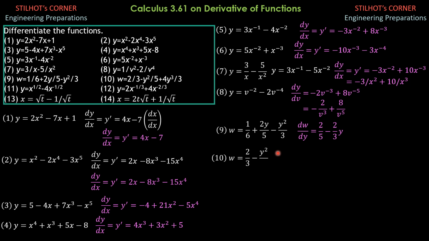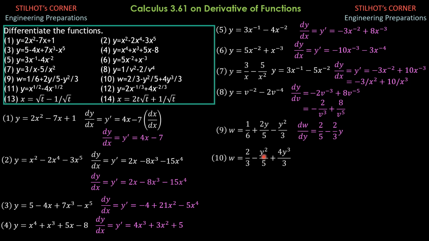Number 10, w equals 2/3 minus y squared over 5 plus 4/3 y cubed. So again, the derivative of 2/3, a constant, is 0. This is negative 1/5 times the derivative of y squared, which is 2y.